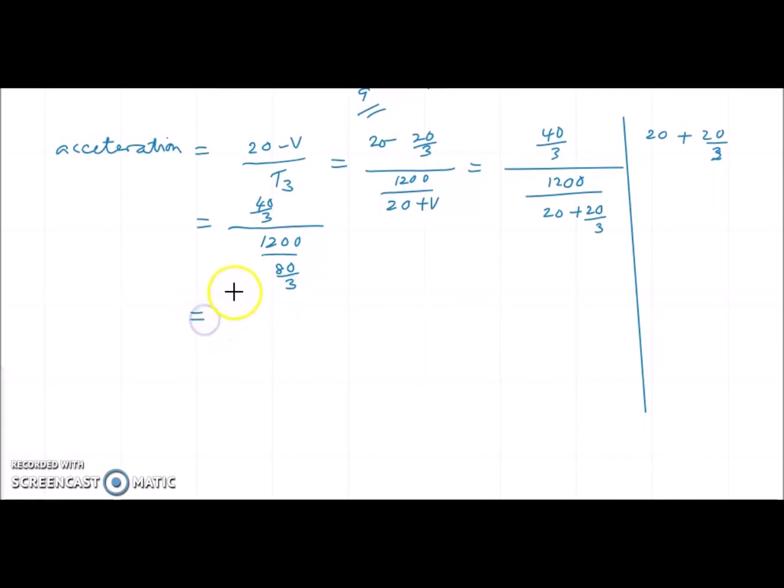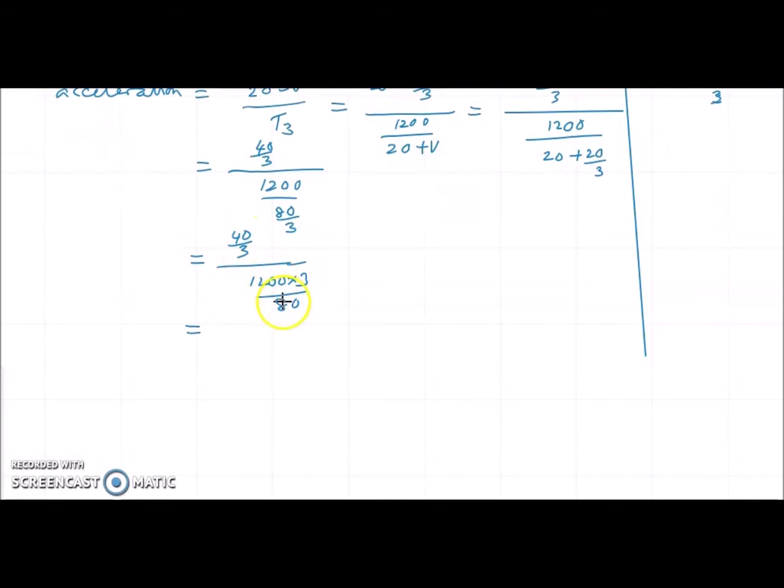So this is equal to 40 by 3 divided by 1200 into 3 by 80. This is equal to 40 by 3 into 80 over 1200 into 3. We can cancel these two zeros.